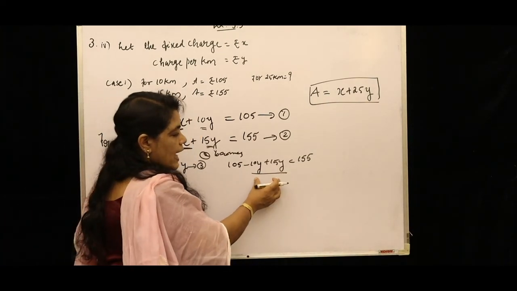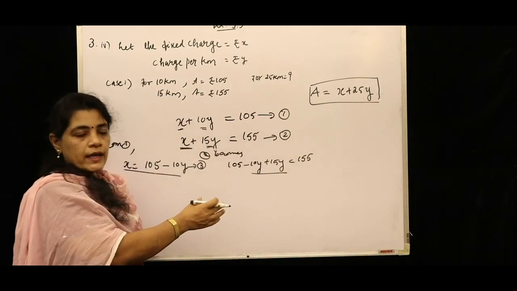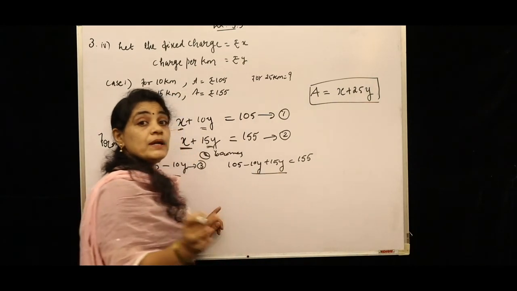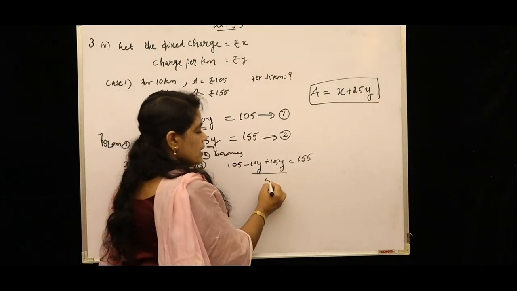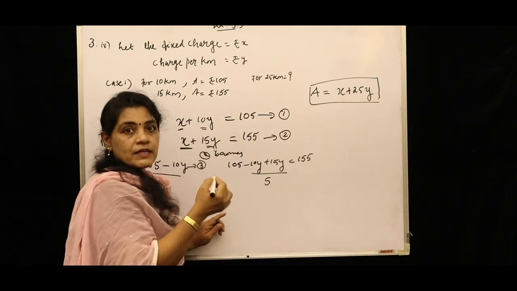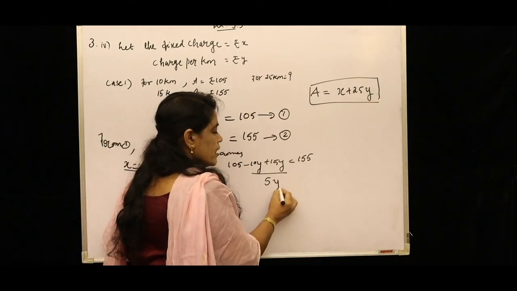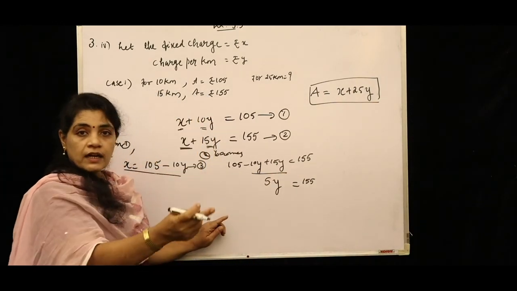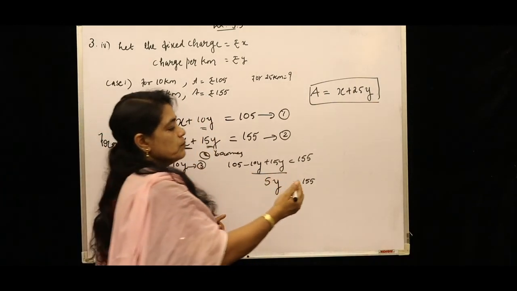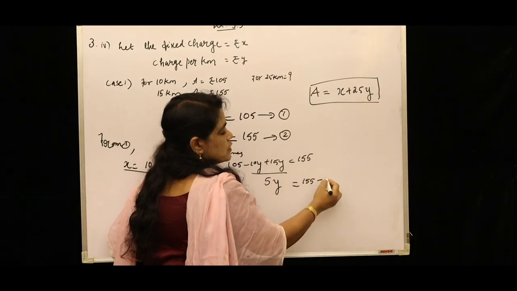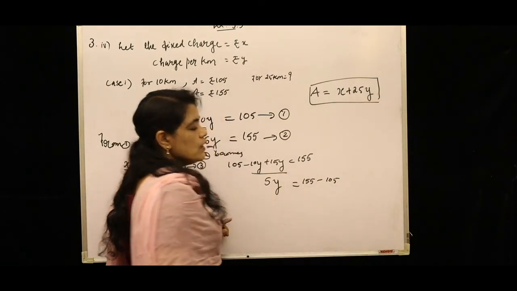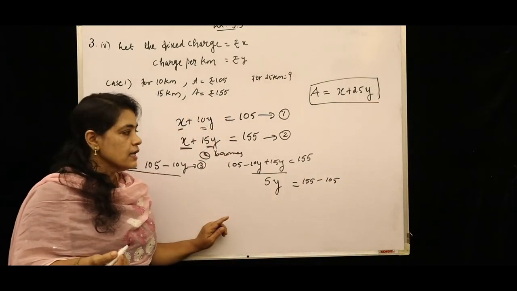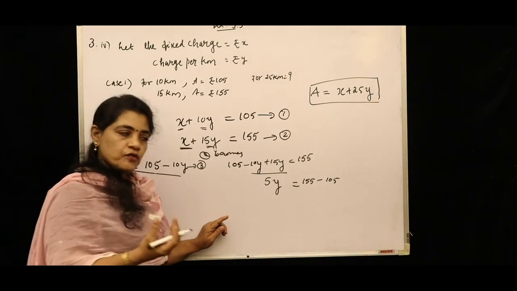Now we can add together these like terms: minus 10y plus 15y is 5y. So 5y is equal to 155, and 105 will be negative because we are moving it from the LHS to the RHS. So 155 minus 105 is 50.